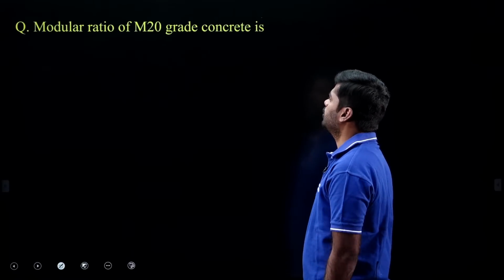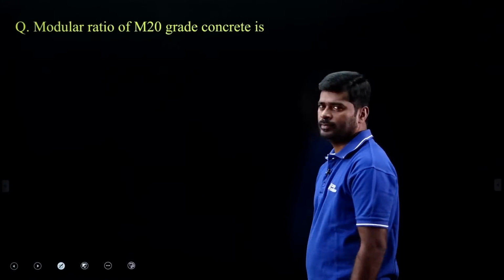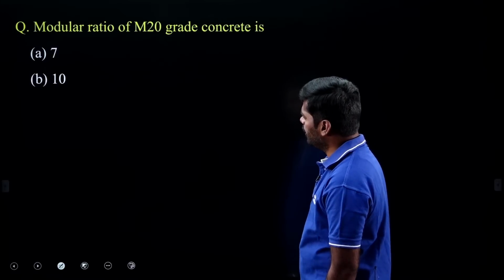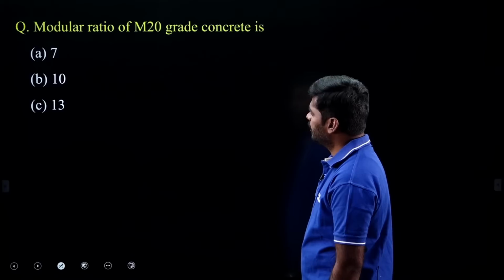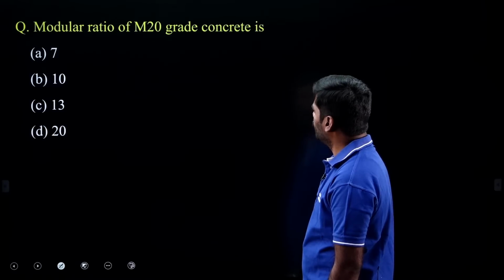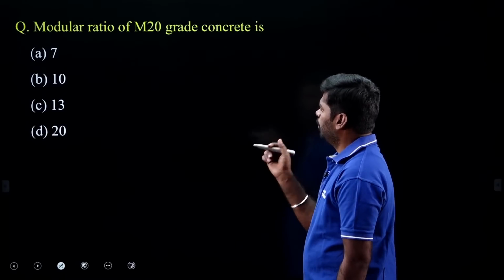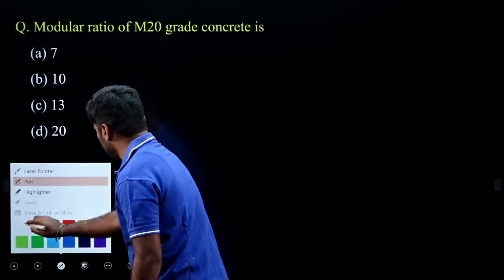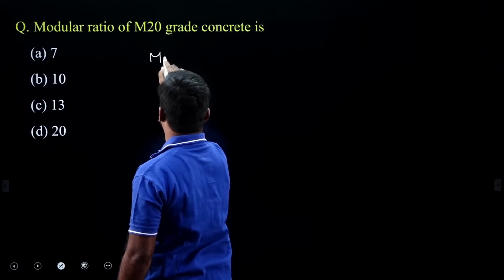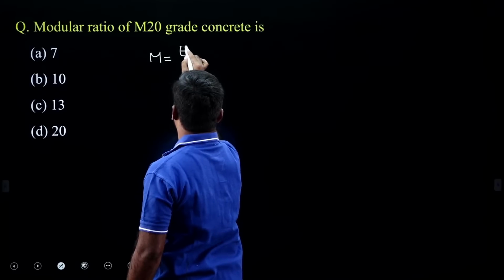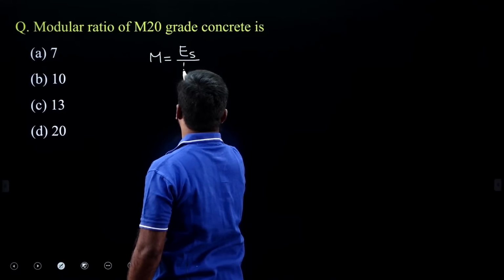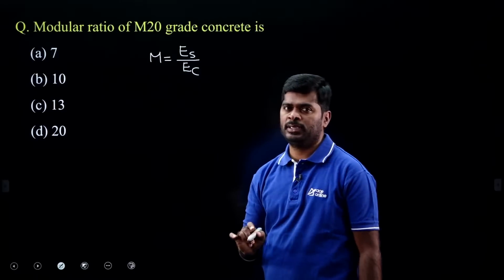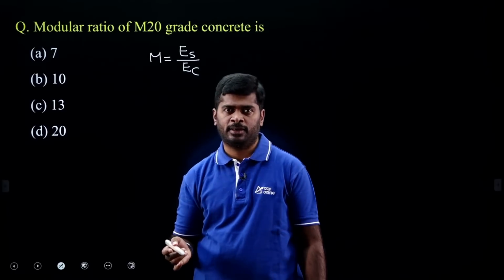Modular ratio of M20 grade concrete is, options given here: A 7, B 10, C 13, D 20. Modular ratio we know from strength of materials, E strong by E weak. In RCC we are using 2 materials, mainly steel and concrete.